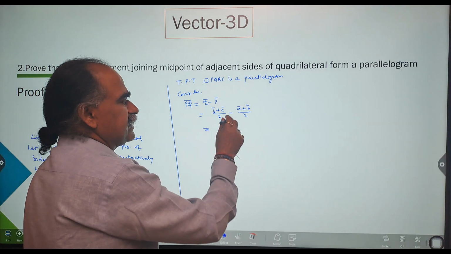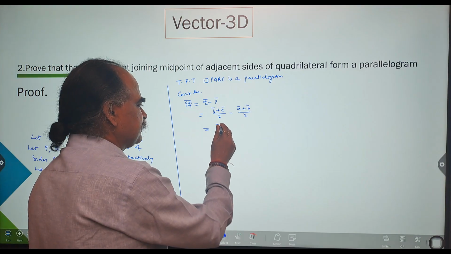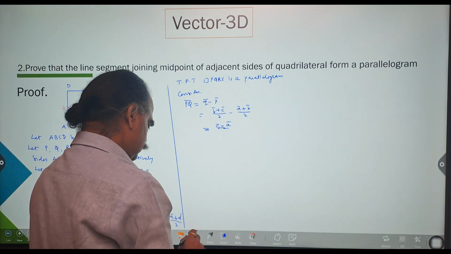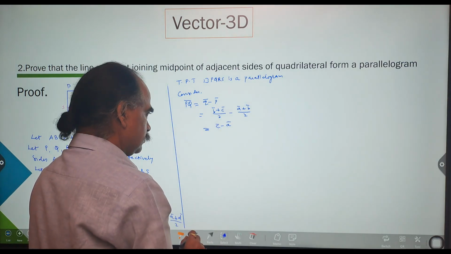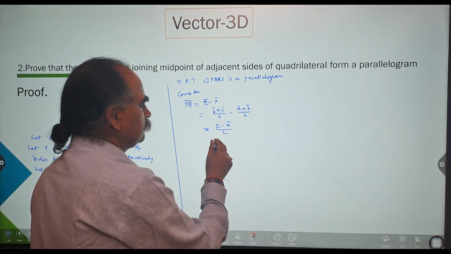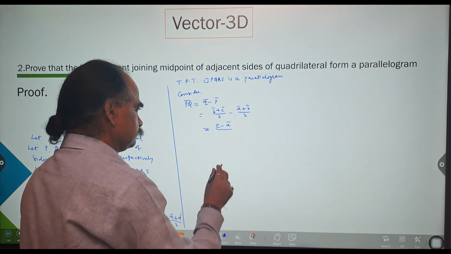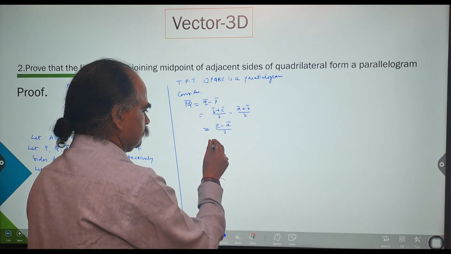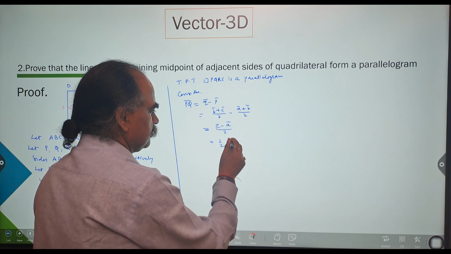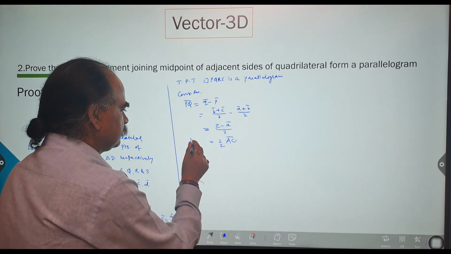So taking 1 by 2 common, B bar minus B bar will get cancelled. So you'll get (C bar minus A bar) upon 2, which is the same as half AC bar. So PQ bar is what?